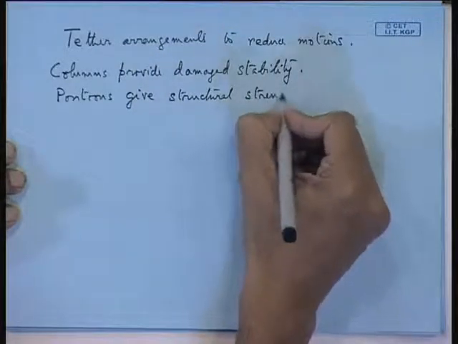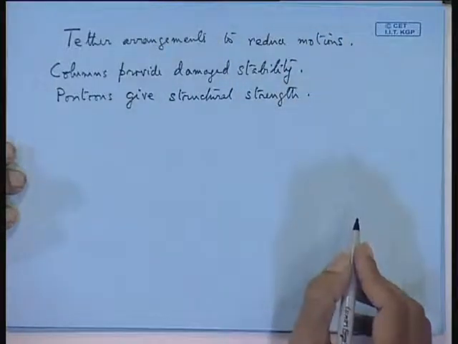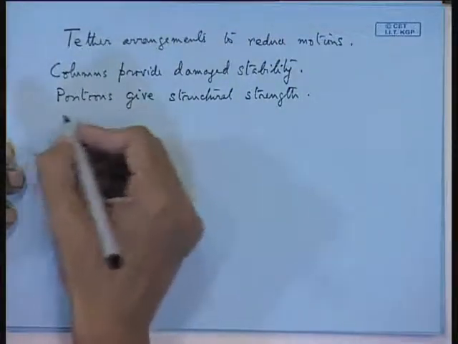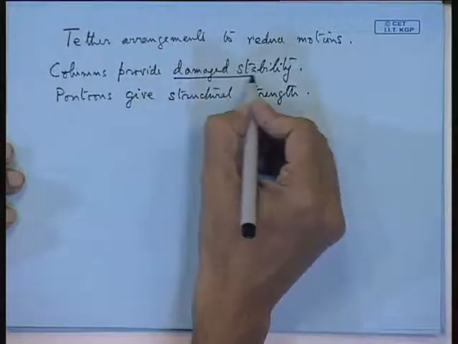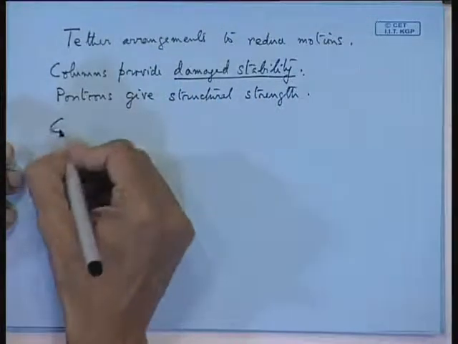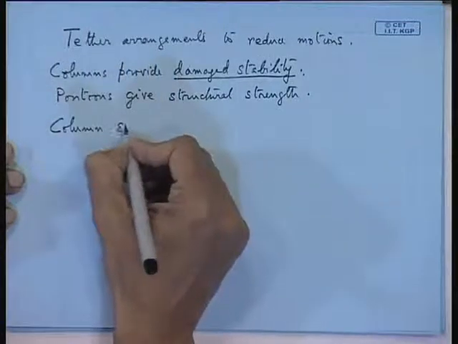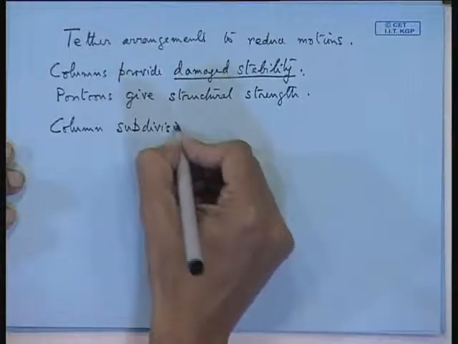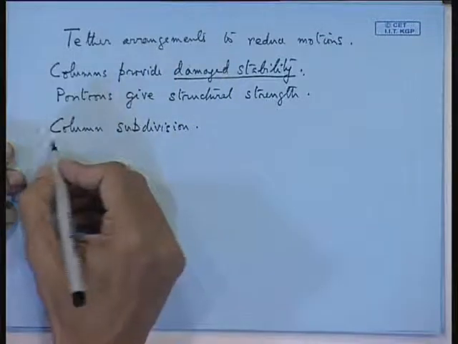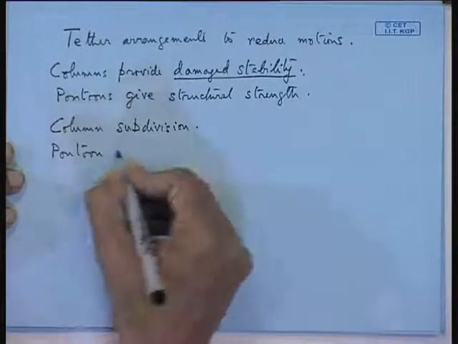So, your major strength member is your pontoon and damage stability is coming from the columns. So, you have to subdivide columns; column subdivision is important. Now, obviously, pontoons also have to be subdivided, so there should be pontoon subdivision as well.